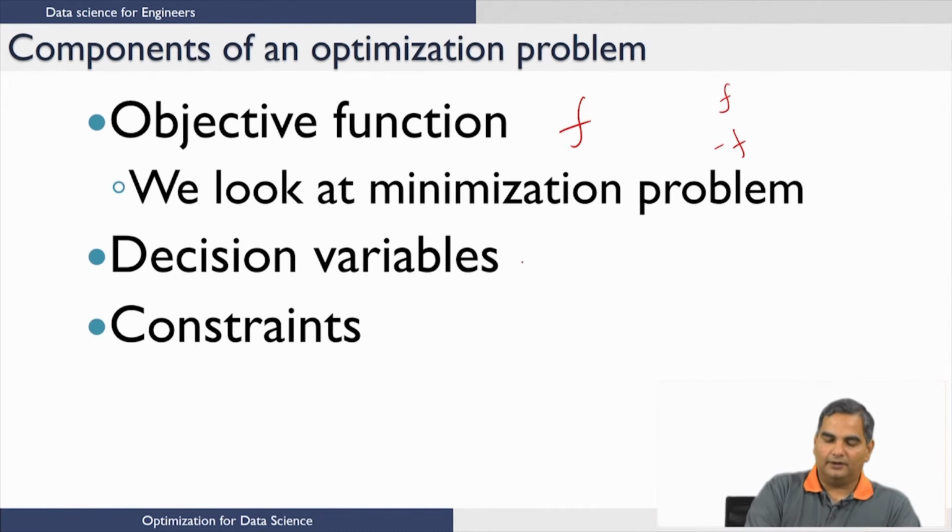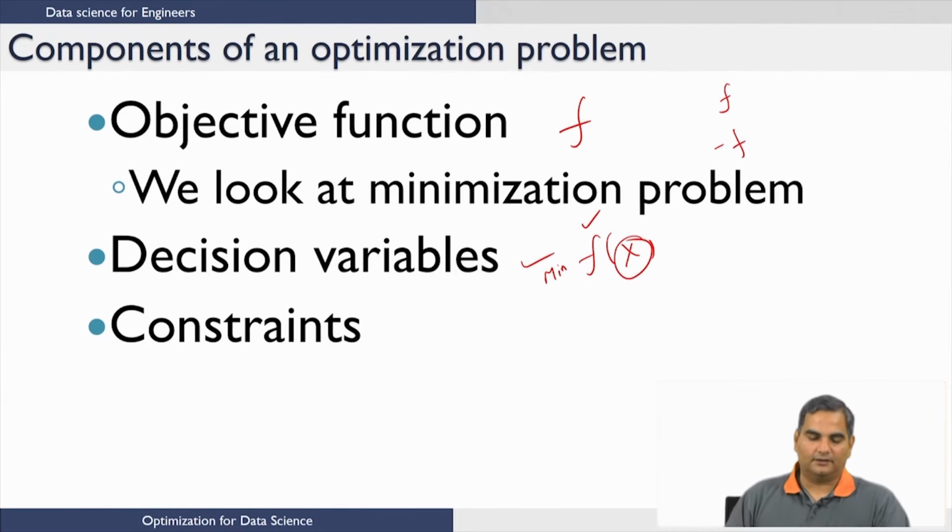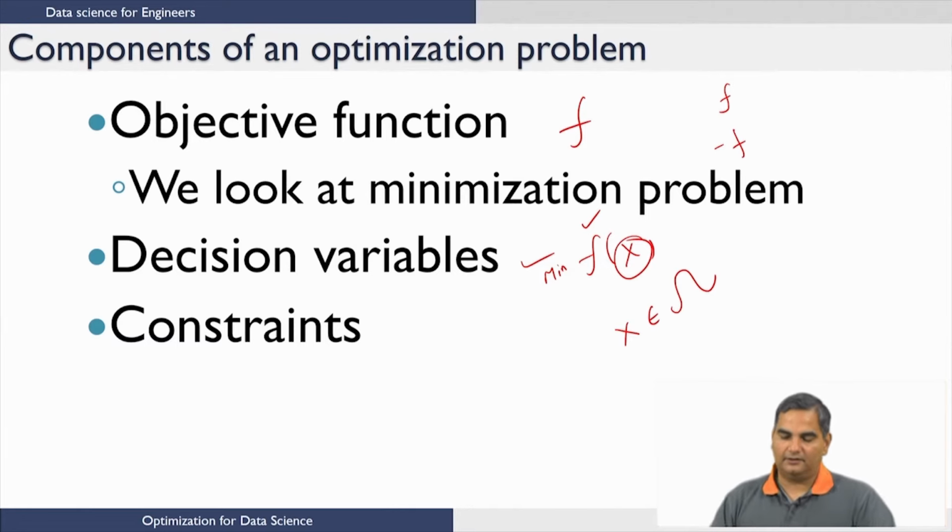The second component are the decision variables, which we can choose to minimize the function. So, I write this as f of x. So, this is a function and these are the decision variables, and our goal is to minimize. And the third component is the constraint, which basically constrains this x to some set that will be defined as we go along.